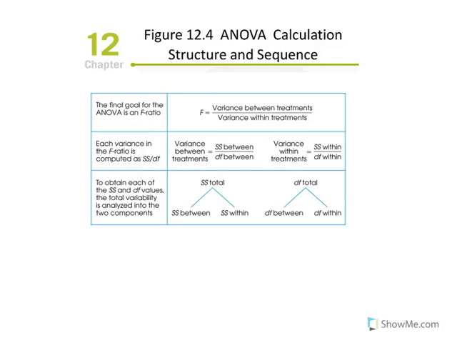So before I present the equations for all these new variables, I want to review what I just presented, which is the final goal is to produce our F ratio. And I discussed that F is equal to variance between treatments over the variance within. And then I broke down that concept of variance into 2 different components, the between and the within, which we see here and here.